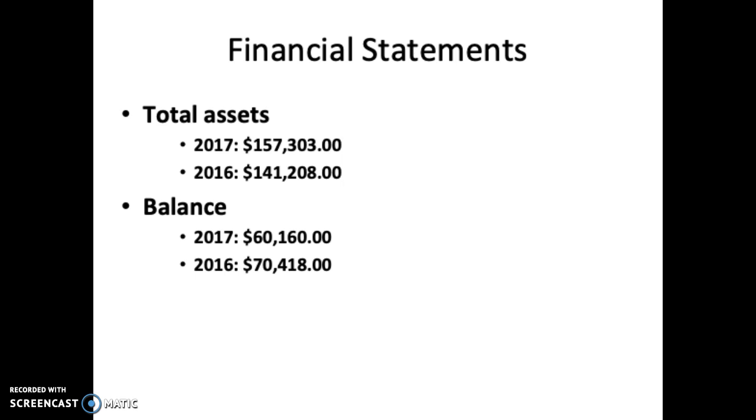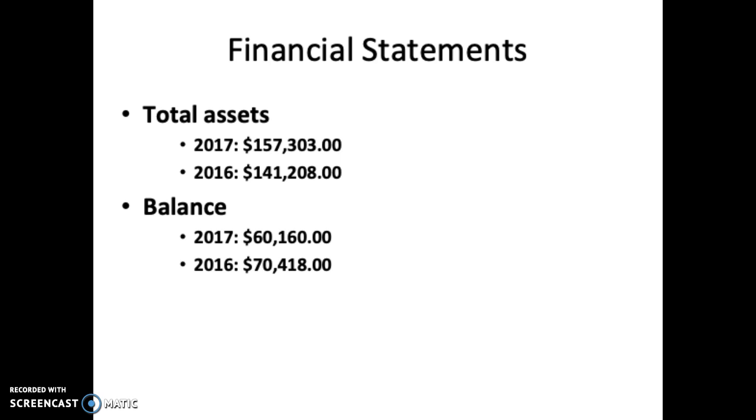Taking a look at the financial statements here, we have the total assets, and these are in millions, of 157,303 for 2017 and 141,208 for 2016. So the assets went up.